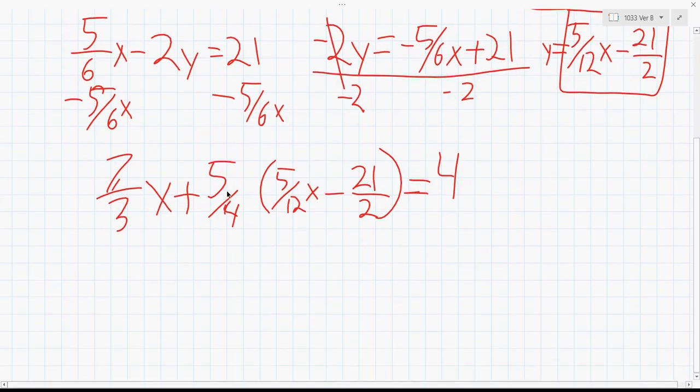So at this point, we're going to have to multiply these across. So 5 times 5 is going to be 25 over 4 times 12, which is what? 48? Cool.